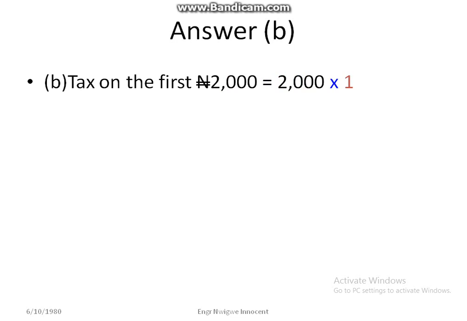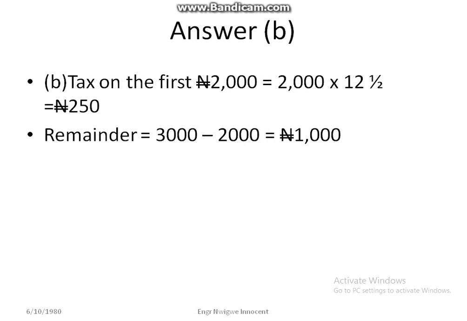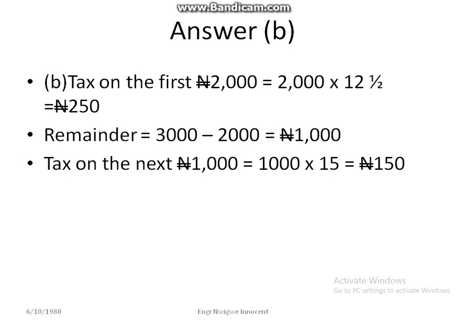Answer B. Tax on the first 2,000 naira is equal to 2,000 times 12 and a half, which is 250 naira. Remainder is equal to 3,000 minus 2,000, which is equal to 1,000 naira. Tax on the 1,000 naira is equal to 1,000 times 15, which gives us 150 naira.